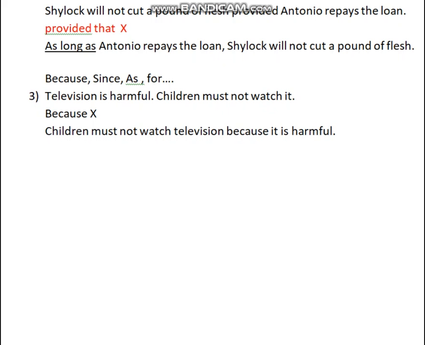Or if you replace it with since, children must not watch television since it is harmful.